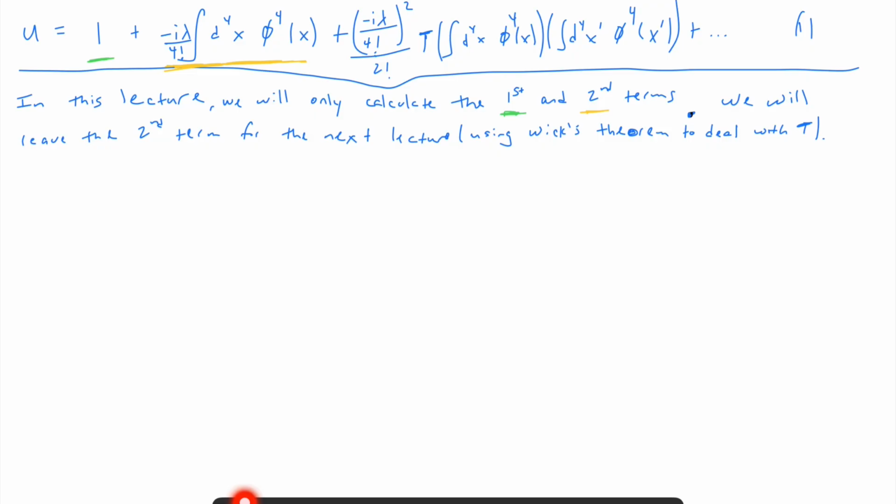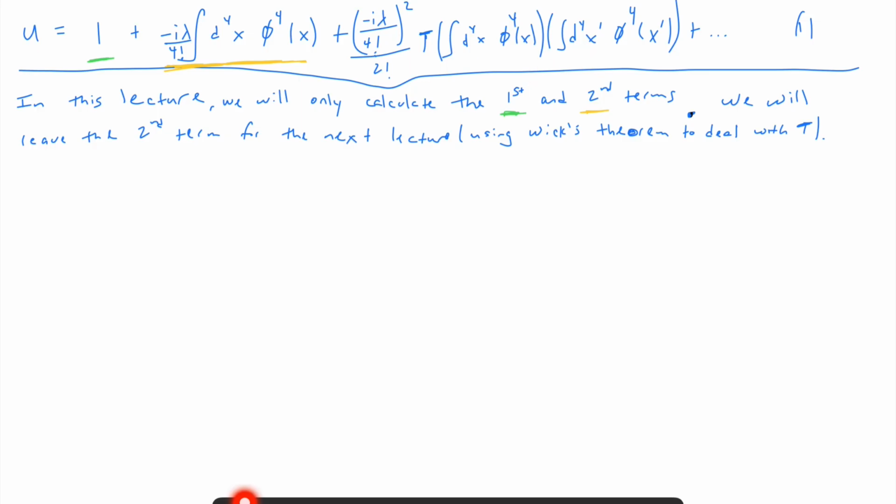All right, so in this lecture, we're only going to calculate the first and second terms of this whole expansion. We can theoretically calculate an infinite number of terms. We're going to leave this term for the next lecture because it has this factor of T, the time-ordered product, which is tricky to deal with mathematically, and there's a wonderful theorem called Wick's theorem, which is very important in QFT, that will help us deal with this time ordering and change it to something that we can deal with more easily.